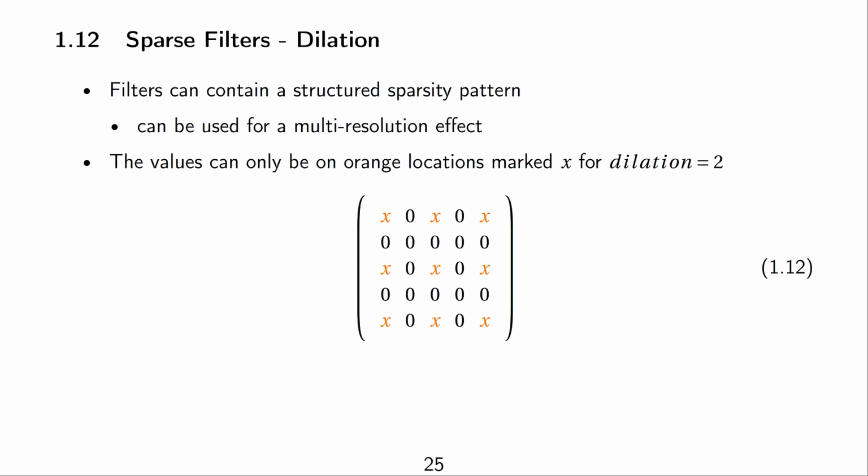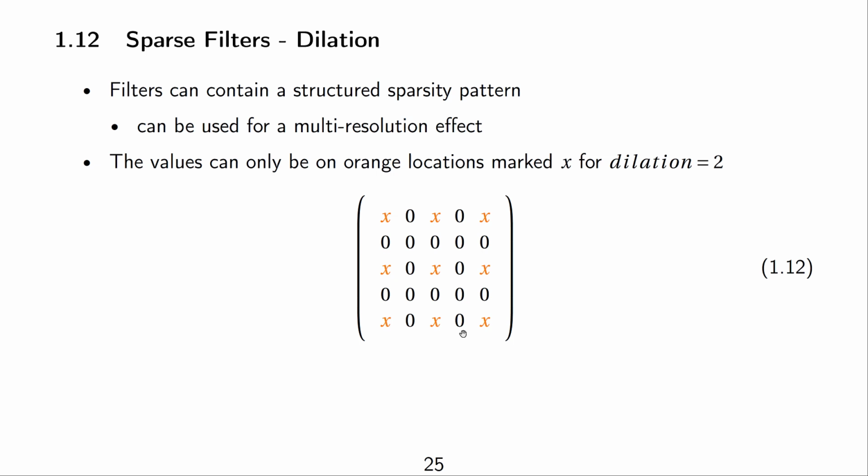Another way to configure filters is to use dilation. Dilation creates filters with a structured sparsity pattern. And this can be used for a multi-resolution effect where you want to aggregate not only information that's very close by, but also information that is further away. So this is a filter that would use the setting dilation equals 2. And so only values at the orange axis could be set, and all the other values are 0.